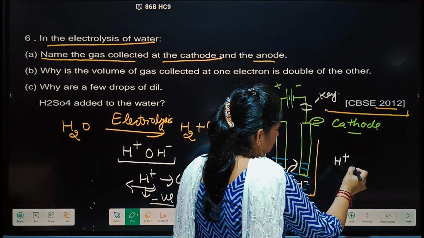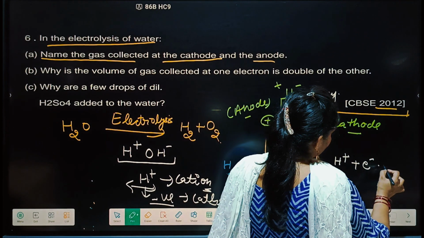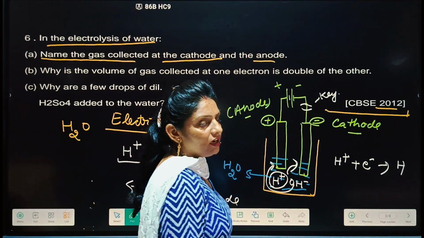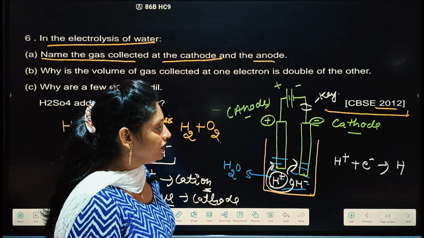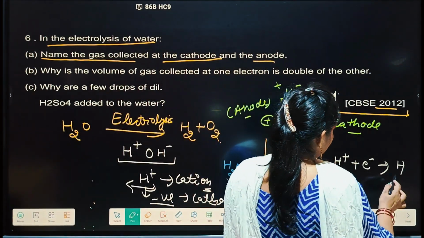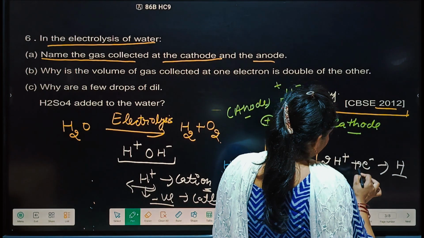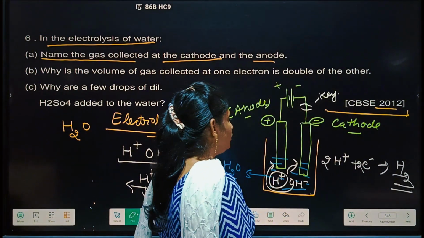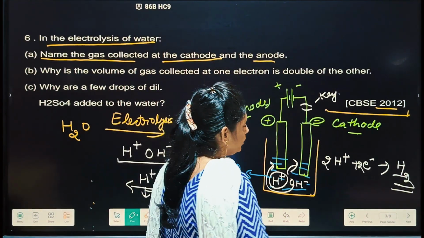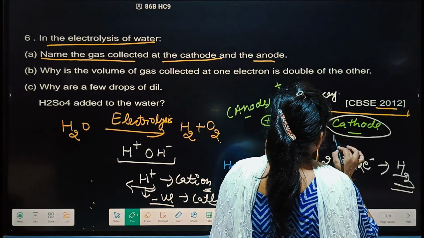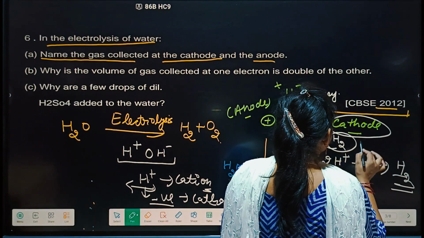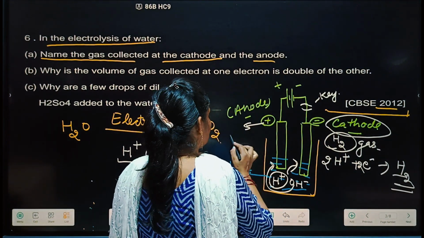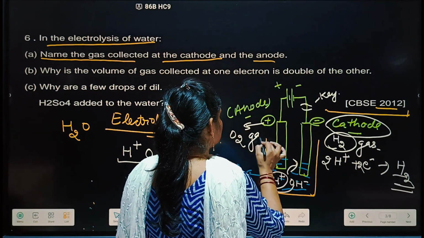H positive ions can gain electrons and they can convert into H. But hydrogen in nascent form is not stable. So 2H positive ions gain 2 electrons and they can give hydrogen gas. In this way you can understand, students. So we can say at the cathode hydrogen gas will be produced and oxygen gas will be produced at the anode.